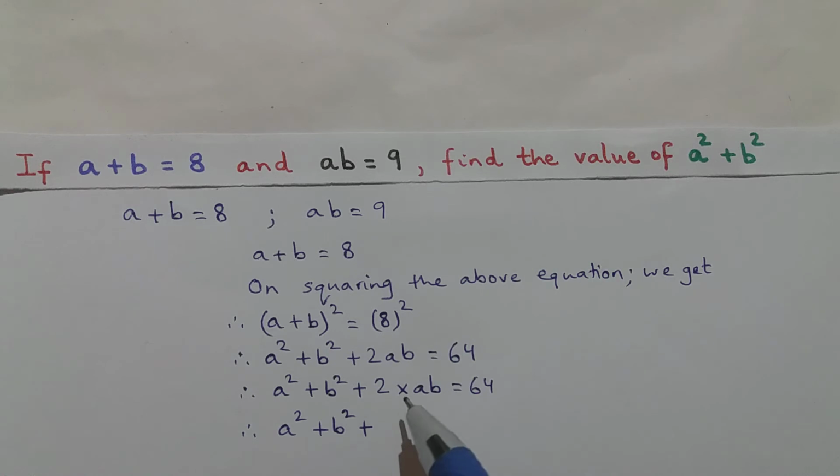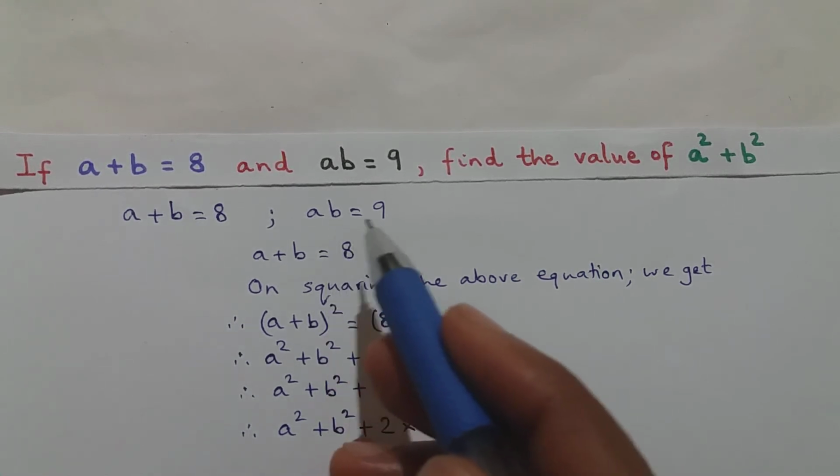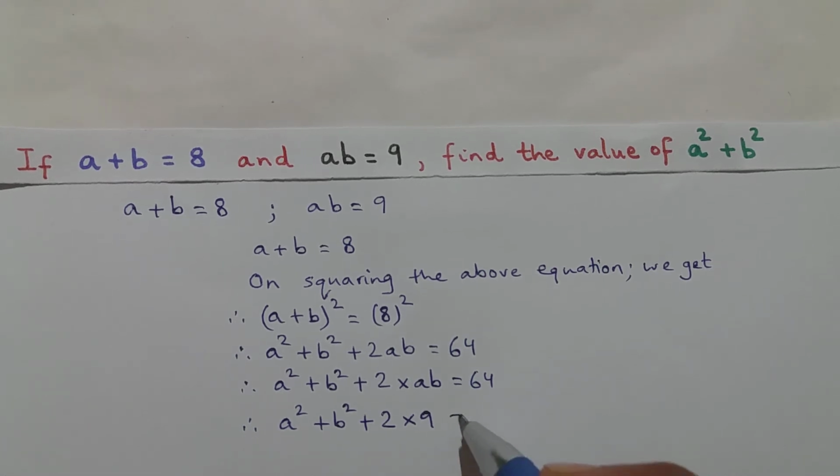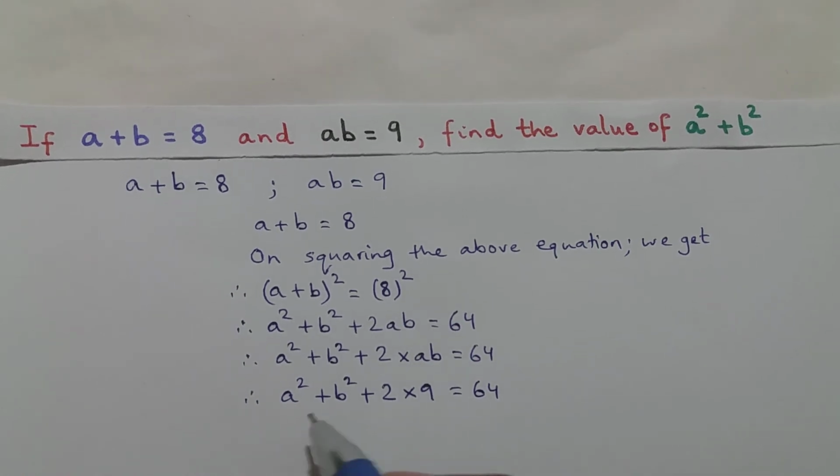So 2 into ab now becomes 2 into 9. Therefore a square plus b square plus 2 into 9 is equal to 64.